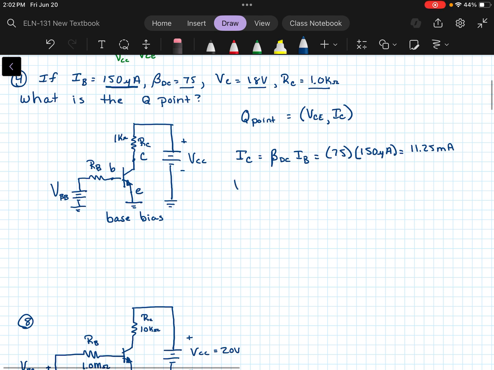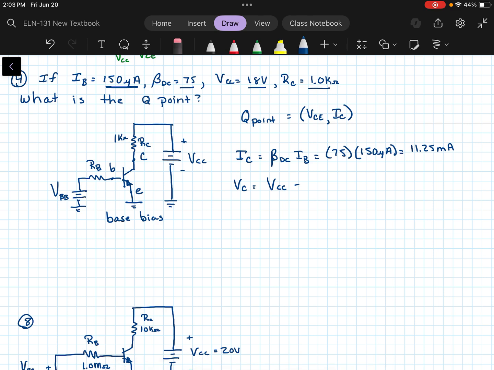And then VC is going to be whatever your VCC is. Actually, did I write that one wrong? Let me go back to where that's drawn. Number 4, VCC is 18, that's right. Just making sure.